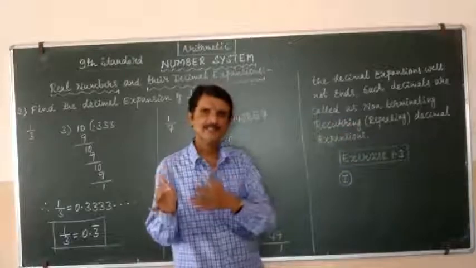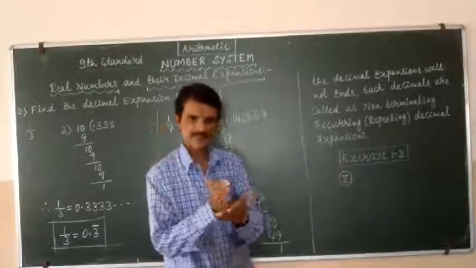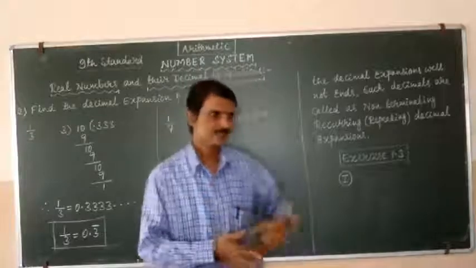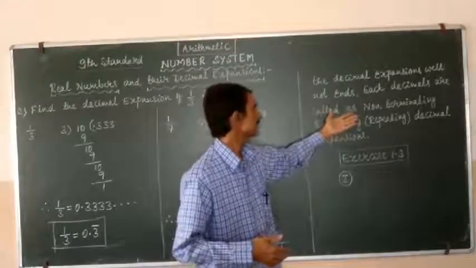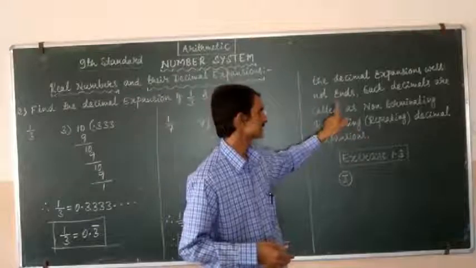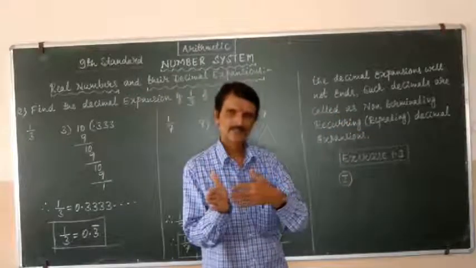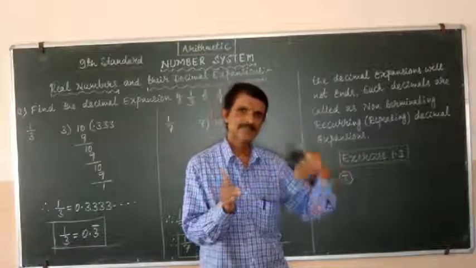So terminating means the division process ends, leaving a remainder 0. Non-terminating means it is recurring. That means the decimals will be repeated.